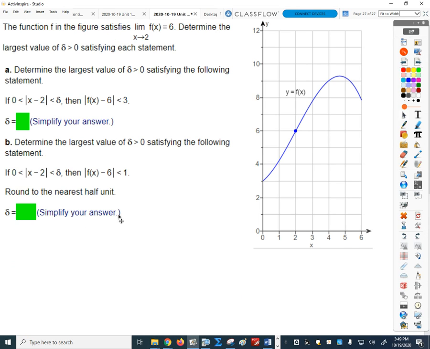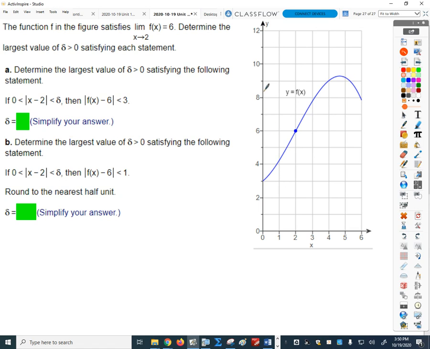Okay, and then finally, this one, we don't even need the graphing utility. They give us the graph. If epsilon is 3, we would just look on our graph here. How far can we move horizontally from our limit? As x approaches 2, the limit is 6 of our function. We don't know what the function is, but we don't care. How far can we move horizontally and stay within 3 of our target value of y equals 6? We can draw some horizontal lines to help ourselves out.